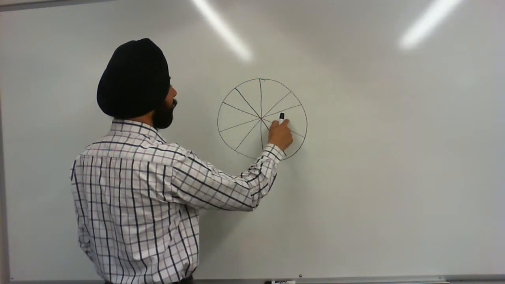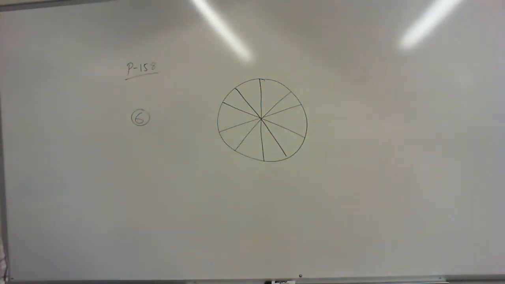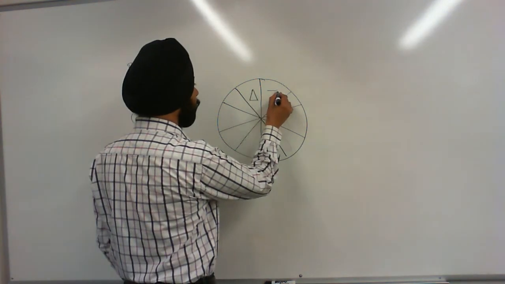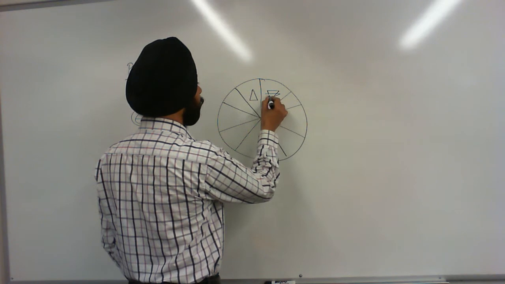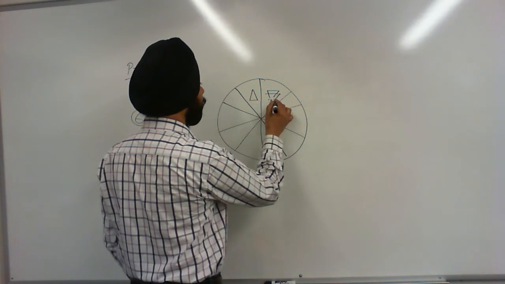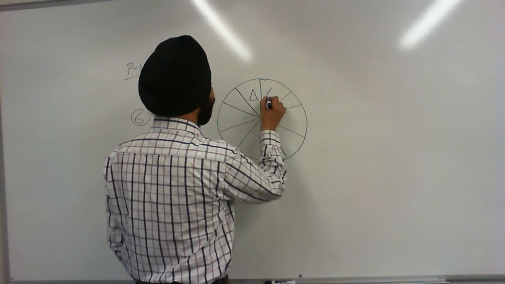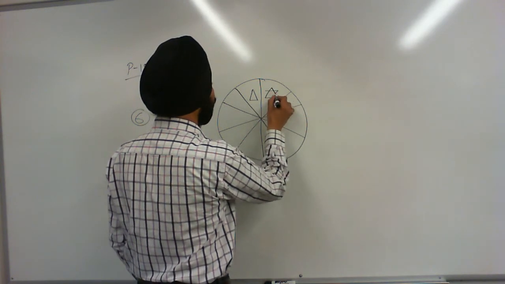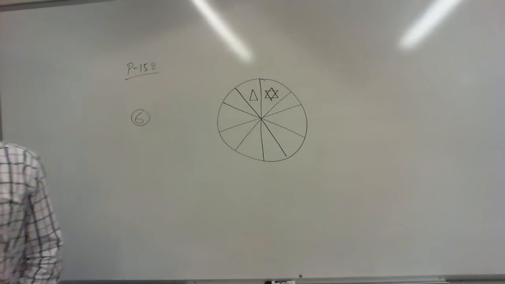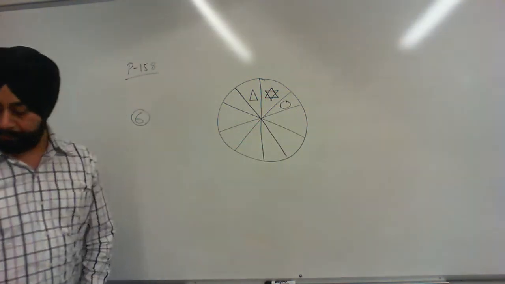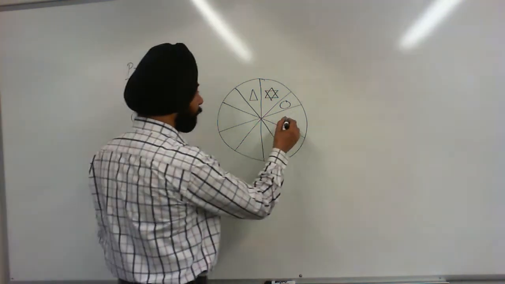One, 2, 3, 4, 5. Yes. And this is a triangle. This is a star. Then circle, heart, star.